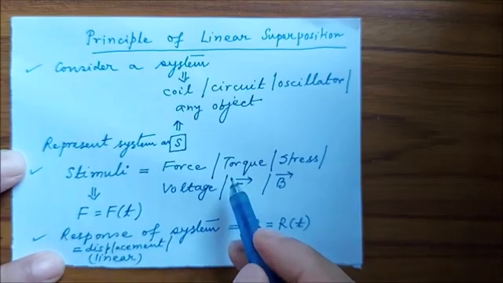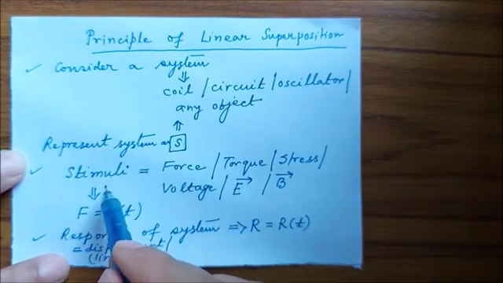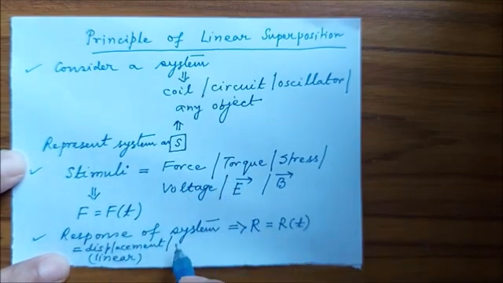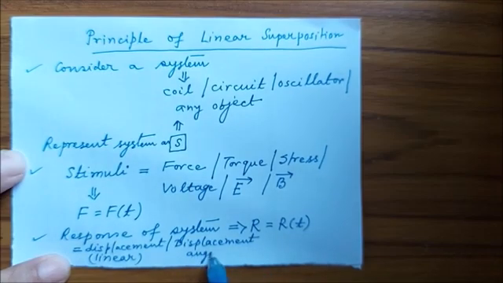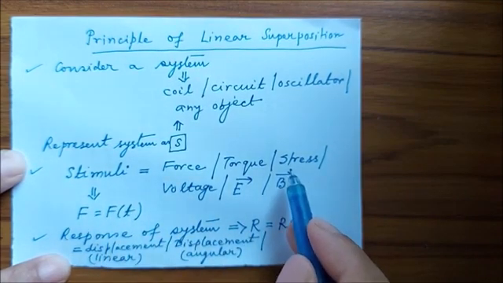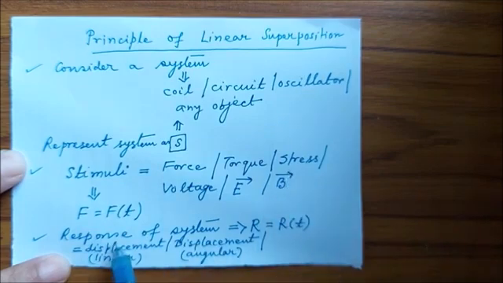If a system is acted upon by a stimuli which is a torque, then the response will obviously again be displacement, but now it will be angular displacement. If stimuli is stress, then the response of the system will be strain.